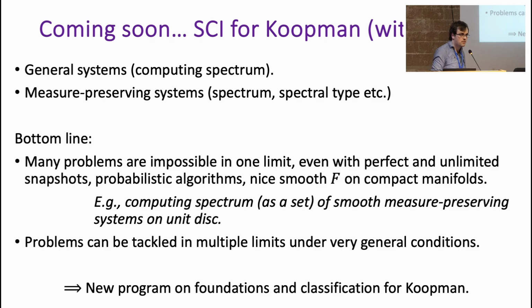And you can prove that. That's a rigorous mathematical theorem. But many of these problems can be tackled in multiple limits under very generic conditions. So you get a new program on the classification of Koopman problems.